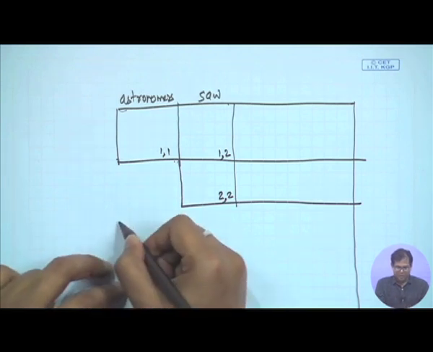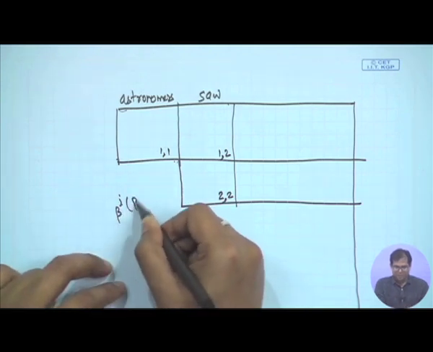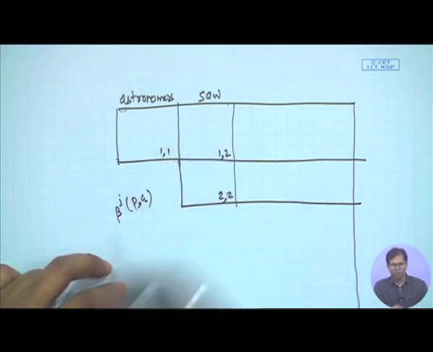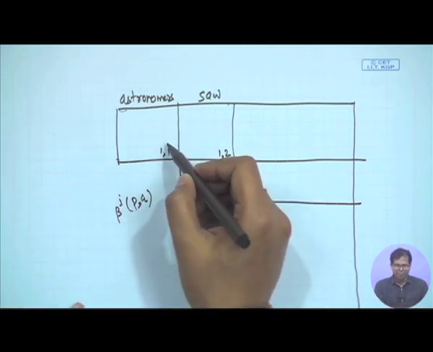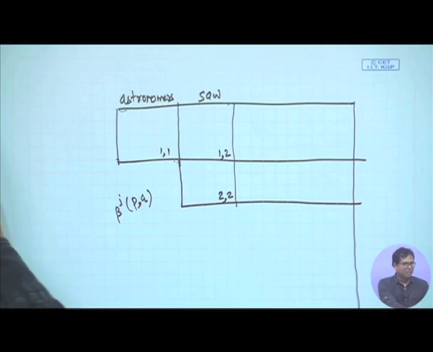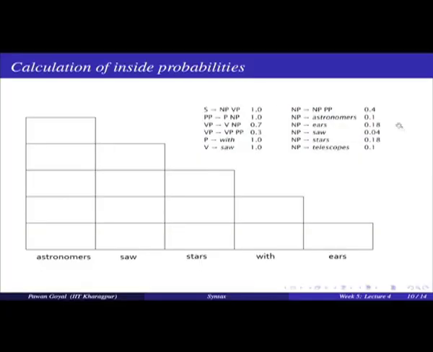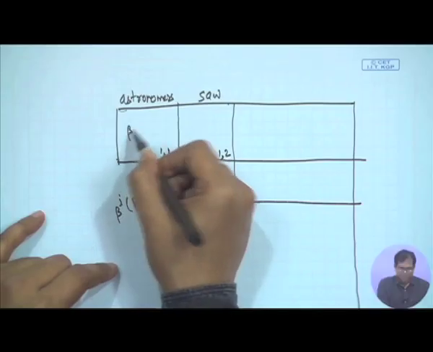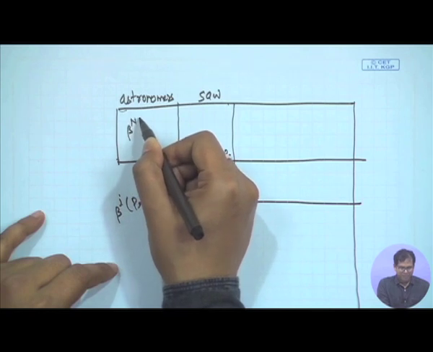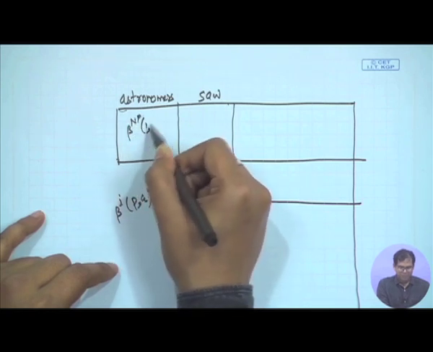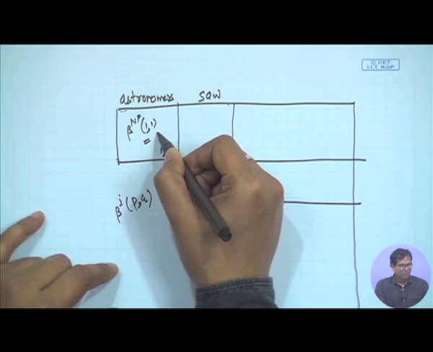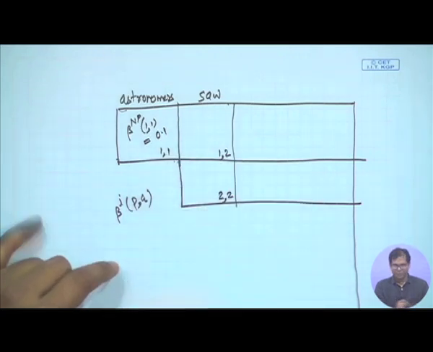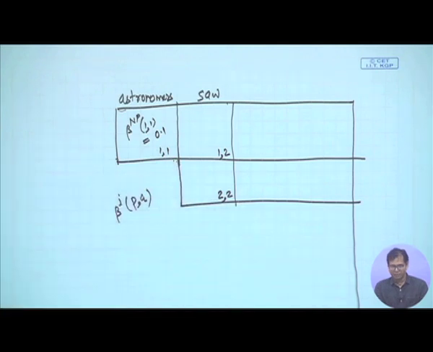Now when I define beta j p q, here p and q are both 1. So I have to find out what is the non-terminal that derives this word astronomers. If I see my grammar, NP derives astronomers with a probability of 0.1. So I can fill the inside probability here, beta NP is equal to 0.1. I need not write 1 1, because 1 1 is already defined by the particular cell where we are.